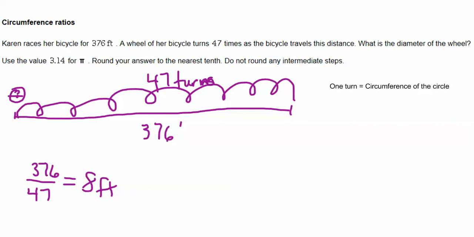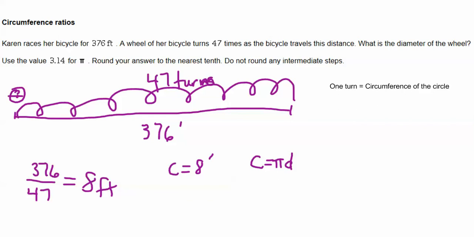So this is representing one turn, or the circumference of the circle. If the circumference of the circle is 8 feet, then we can solve for the diameter. Remember, circumference is equal to pi times d. If you're not familiar with that or have trouble remembering, make sure you access your formula sheet.